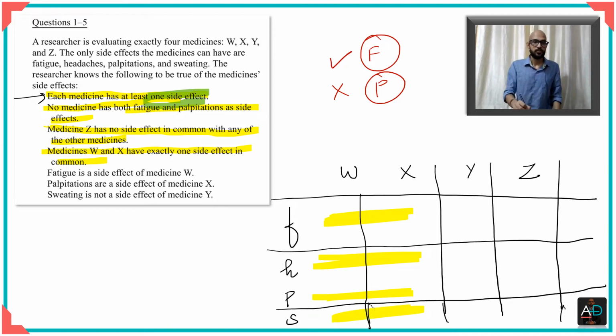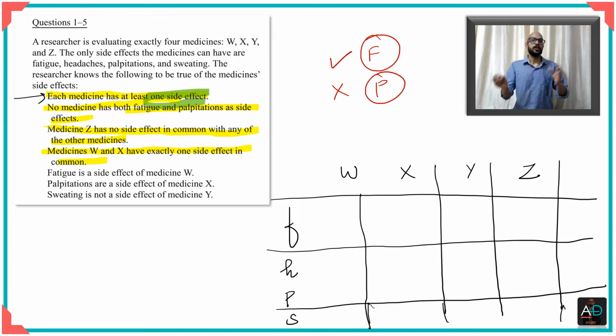So you will have to see which one of these is common to both. There's exactly one. It means not more than one, not less than one. That is what exactly one side effect means. It means there is exactly one, neither more nor less.